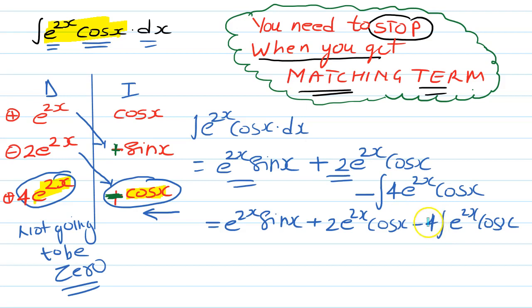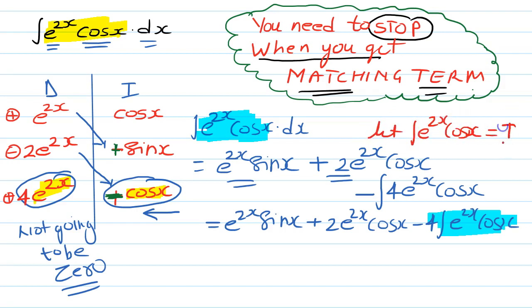If you see, this is e to the power 2x and cos x, right? And here also e to the power 2x cos x, so suppose this is equal to integral I. So let e to the power 2x cos x be integral I.